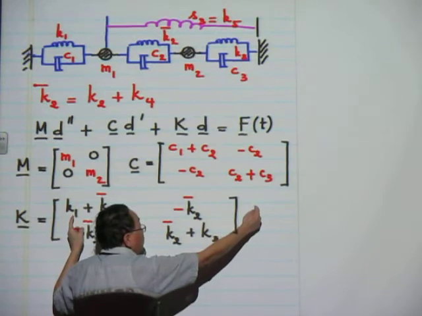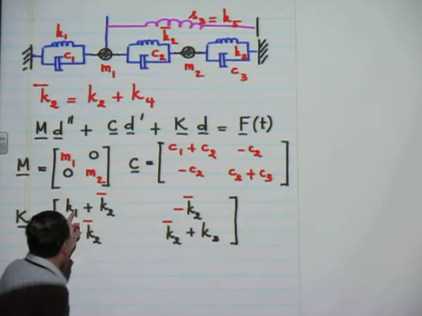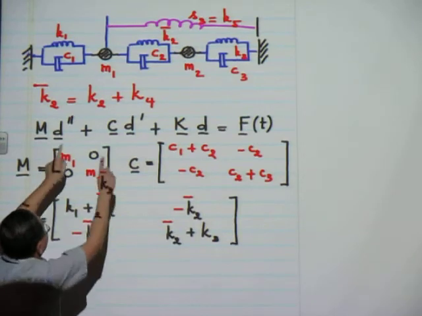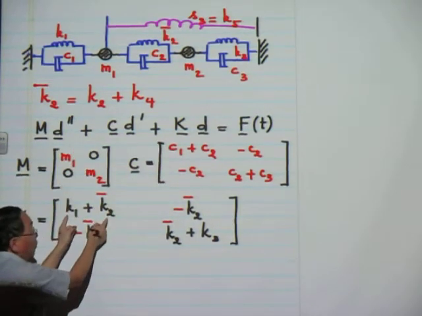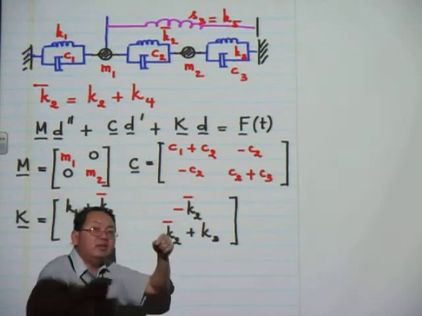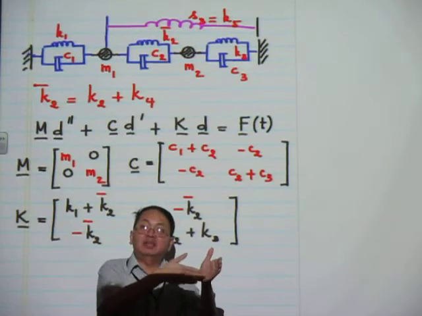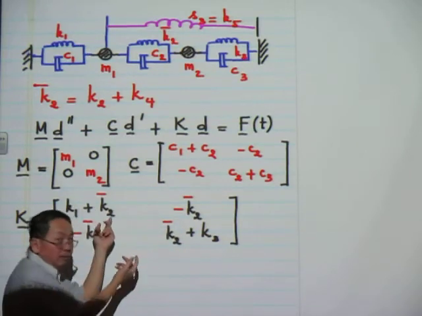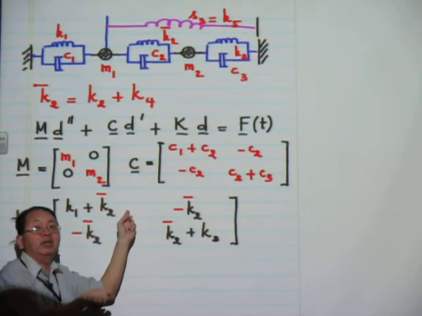You have D1 and D2, the displacement D1 and displacement D2. On either side of the mass M1, you have K1 and K2 bar. And now, in addition, you have K5. That is added stiffness to the mass. So the street fighting method is that here you need to add K5 right here.